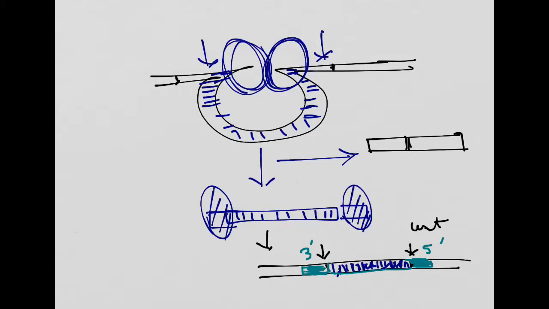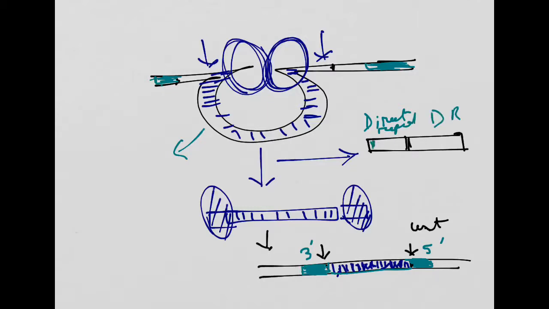Direct repeat sequences are generated. So each IS element will have direct repeat sequences attached to it, which are not exactly part of this IS element. Because whenever this IS element leaves its donor site, it will leave behind the direct repeats.